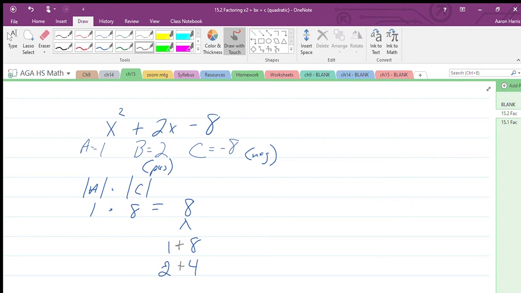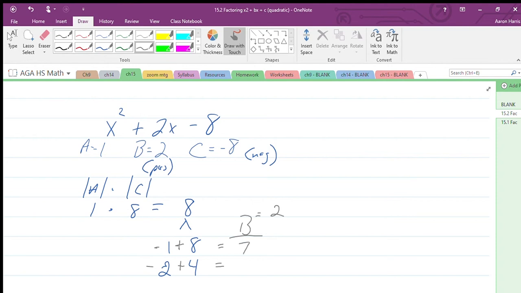The smaller number needs to be what? Negative. Now watch what happens when I add them. Remind yourself that you are looking for B. What's B? 2. Okay? So here we go. -1 times 8 is a -8, which is what's equal to C. But -1 plus 8 is what? 7.